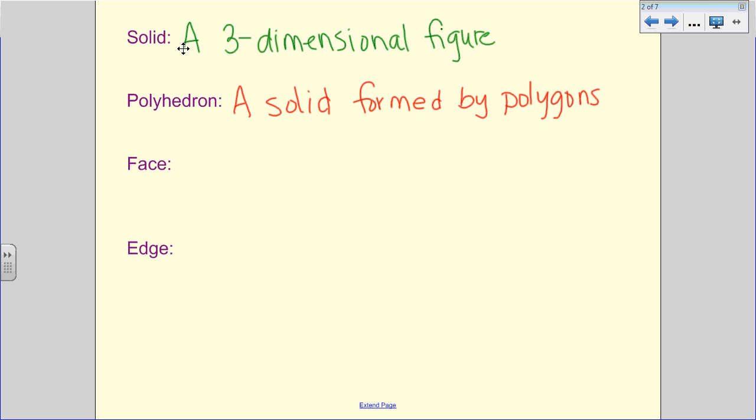A face is, I should say it's not plural, so it's a polygon on the polyhedron. So if we were to think of it in terms of a box, we'd call it the sides of the box.